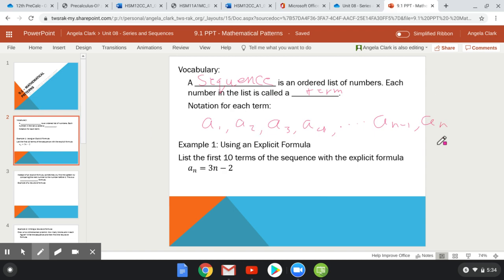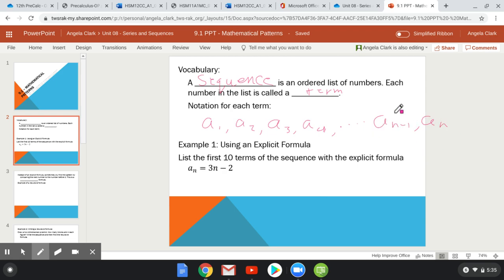Whatever we're ending on, generally sequences don't actually end, but whatever the last one we're writing is, that would be an. And then an minus 1 is the one before that.